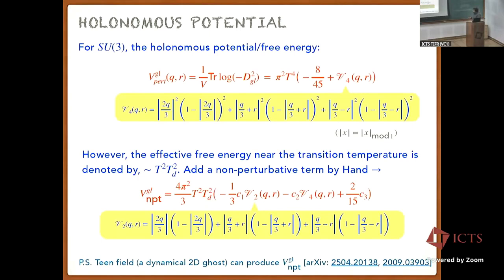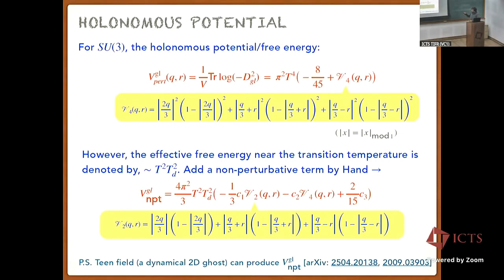But this is not the end of the story. The lattice calculation by Borsani et al. (I did not put the references here, sorry for that) shows that the free energy near the transition region does not behave like T to the power 4, which you get in the perturbative calculation, but rather like T squared. So in the matrix model, we add by hand this kind of term which behaves like T squared, and if you do only pure gluonic theory, then T_d is 270 MeV, which is the deconfinement temperature.